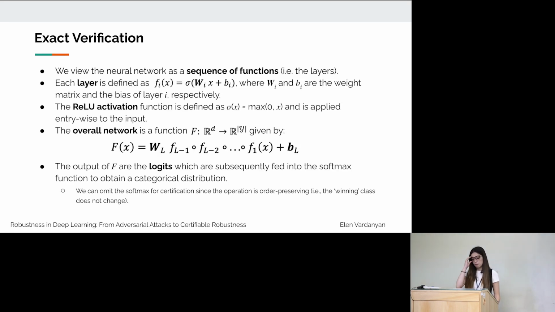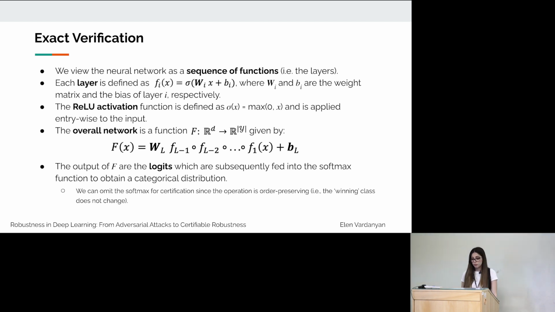Okay, so just as a recap of neural networks, we view neural networks as a sequence of nested functions, and each layer that we have is defined with this f, where sigma is the activation function. Here we'll take ReLU, and then inside the argument of it will be just the linear function of x, where W and b are the weights and the biases of this layer.